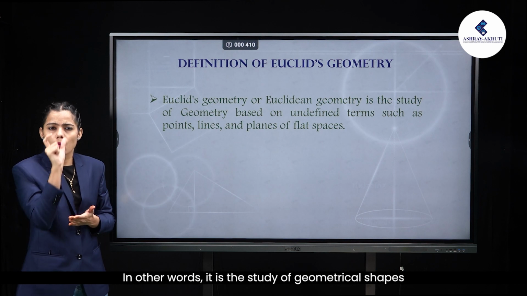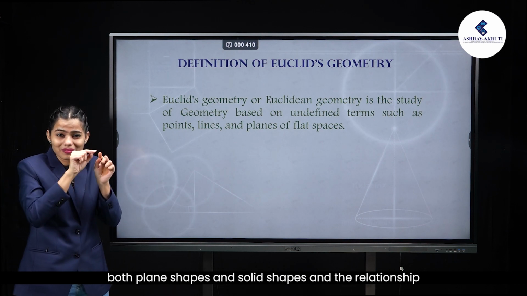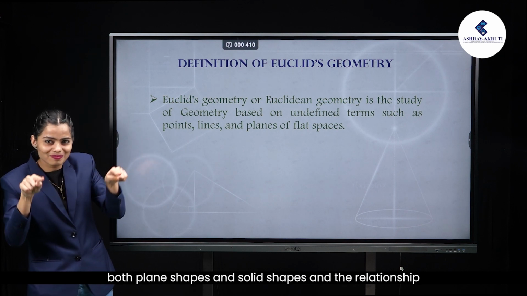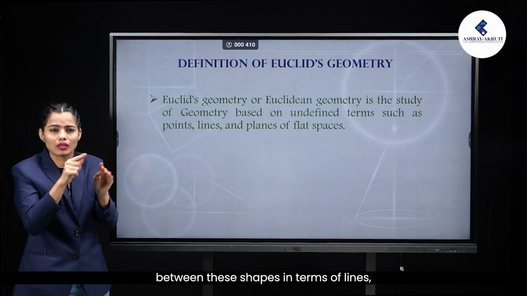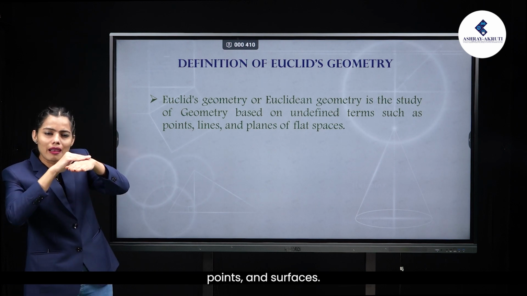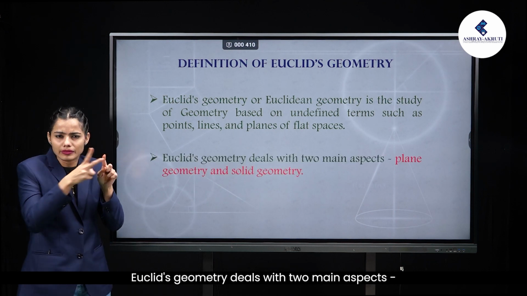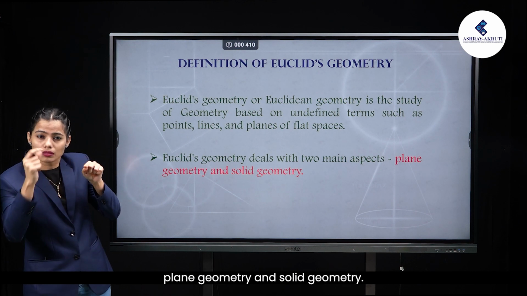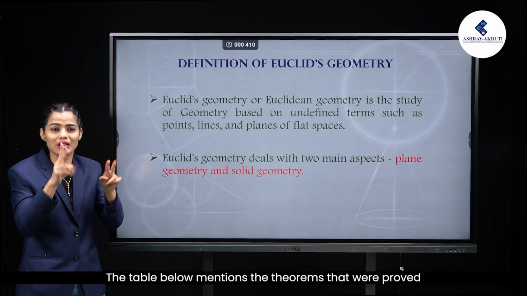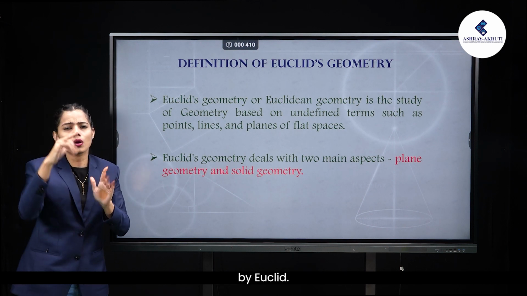In other words, it is the study of geometrical shapes, both plane shapes and solid shapes, and the relationship between these shapes in terms of lines, points, and surfaces. Euclid's geometry deals with two main aspects: plane geometry and solid geometry. The table below mentions the theorems that were proved by Euclid.